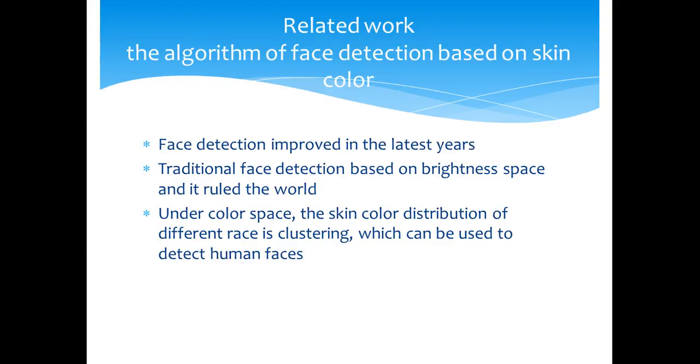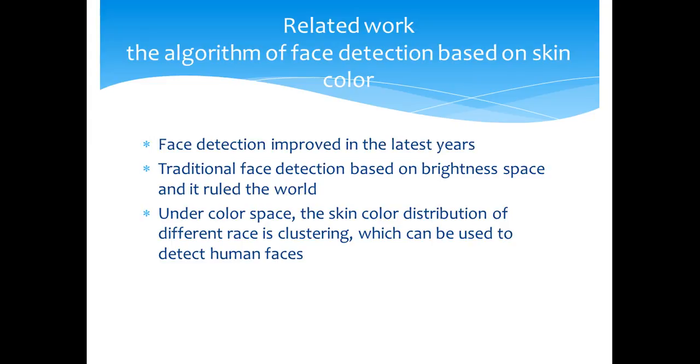I have 2 related works about this project. The first one is the algorithm of face detection based on skin color. Face detection has improved really fast in recent years.